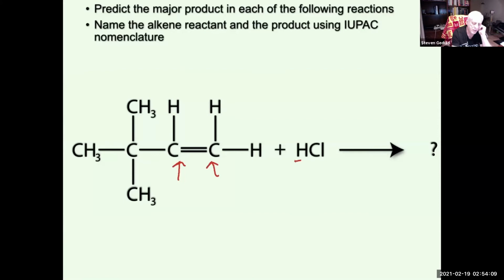We're going to add an H and a Cl, or a Cl and an H. Switch sides, because you can go both ways. We're going to open the double bond up, and we're going to add an H and Cl across that double bond.